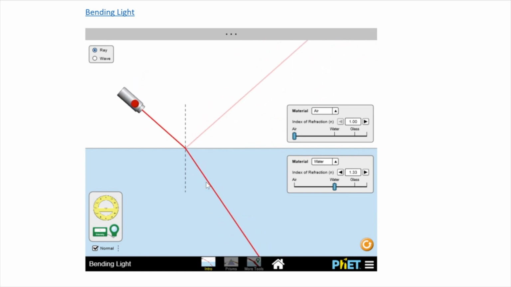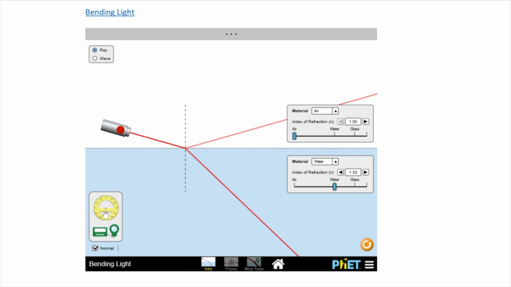You can see there's a refracted ray. There's a bit of reflection happening there, but we're more interested in this refraction, and you can see it's bending towards the normal. We can use a protractor to measure the angle of incidence. That's going to be about 75, and the angle of refraction is 45.